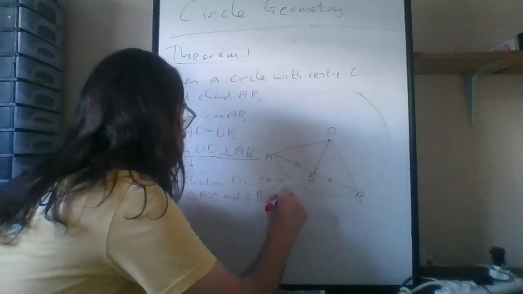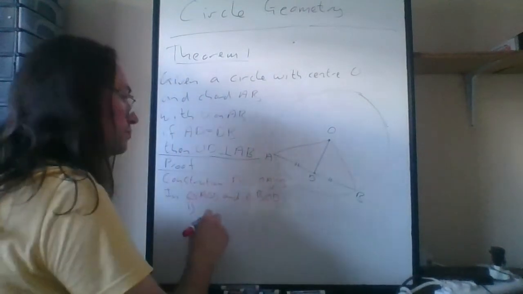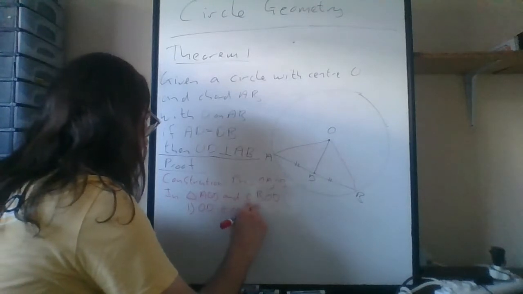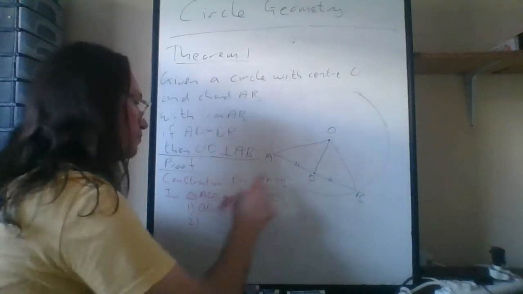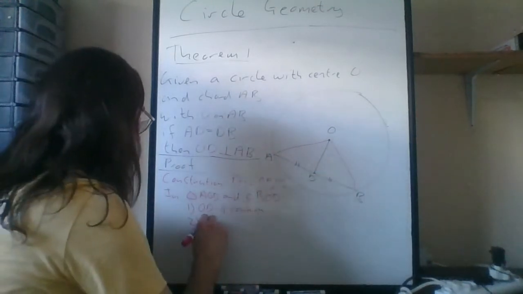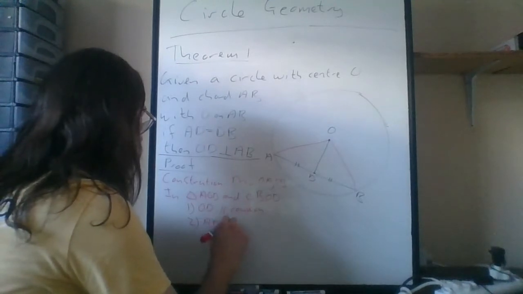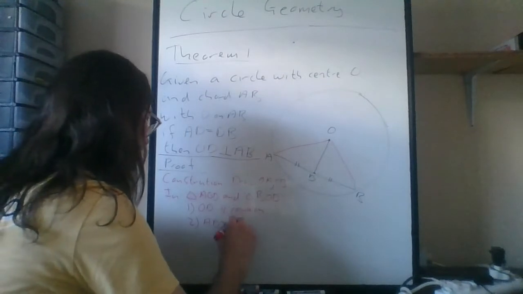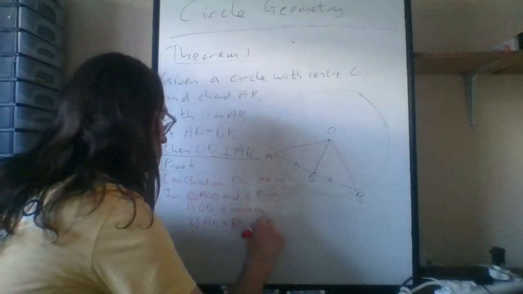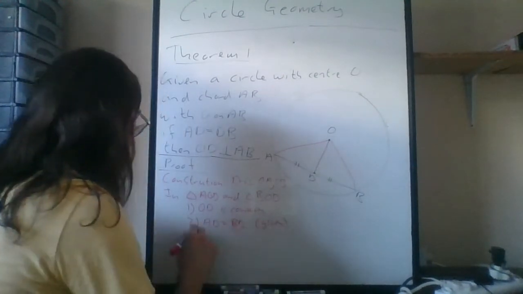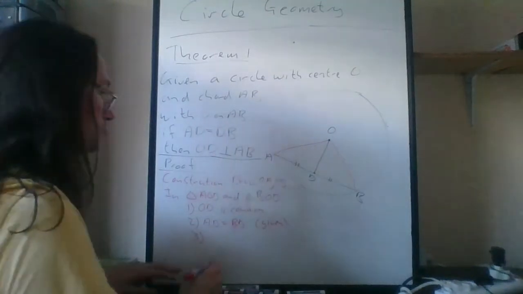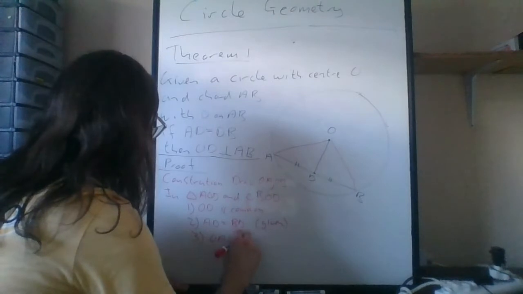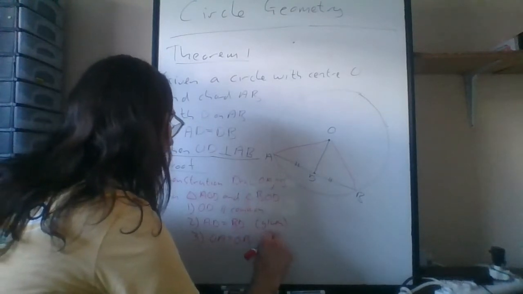In triangle AOD and BOD, 1, OD is common. 2, AD equals DB, or AD equals BD, and the reason here is given. And then 3, OA equals OB, and the reason here is radii.